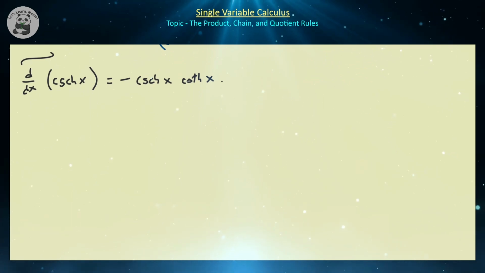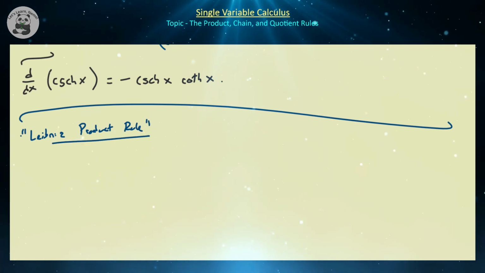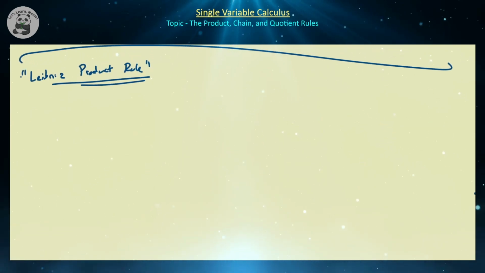Now, there's one last rule that I want to mention, and it's referred to as the Leibniz product rule, and can be used as a shortcut for the derivatives, or higher order derivatives, of products of functions. So, for example, let's assume that we want to find the derivative, and let's go back to the basics again.